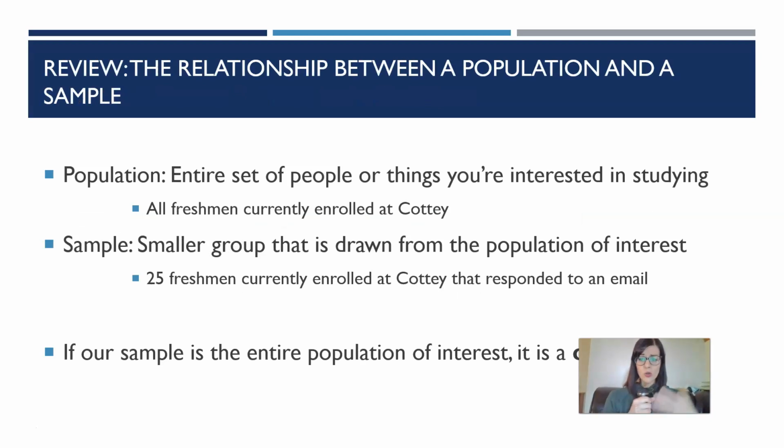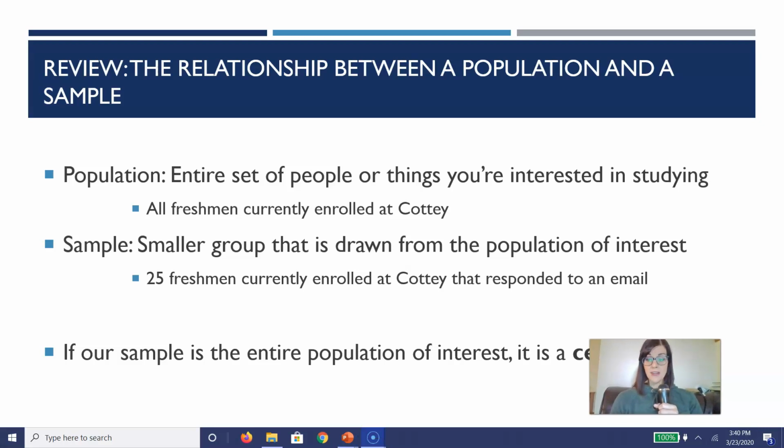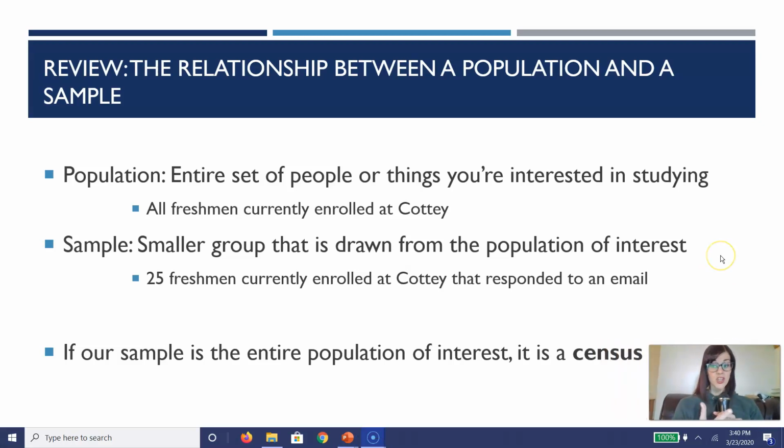So let's quickly do a review of the different definitions when we talk about populations and samples. A population is an entire set of people or things that you're interested in studying, for example, all freshmen that are currently enrolled at Cuddy College. A sample is a smaller group.